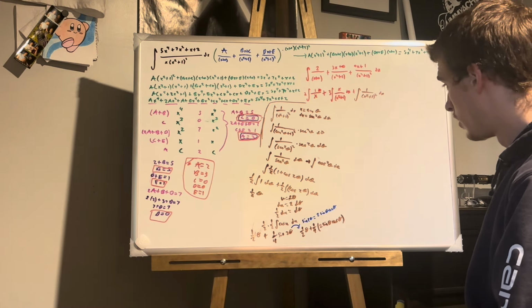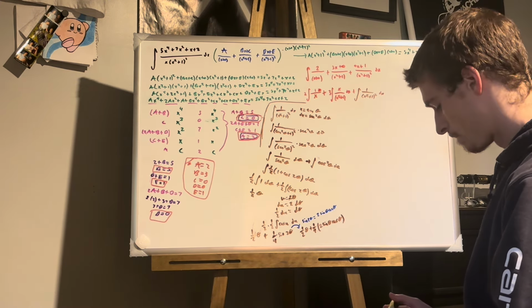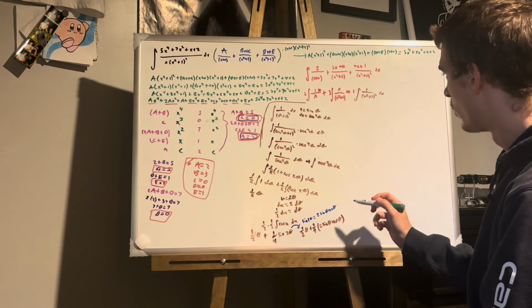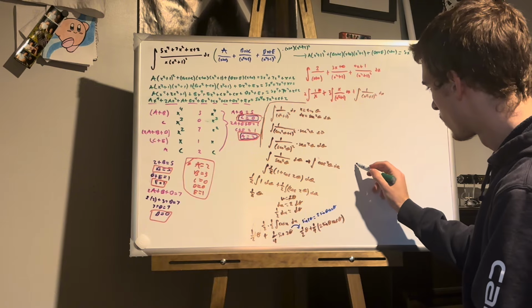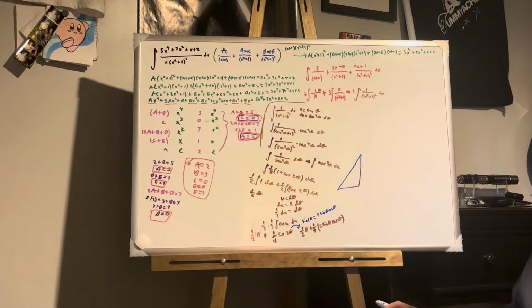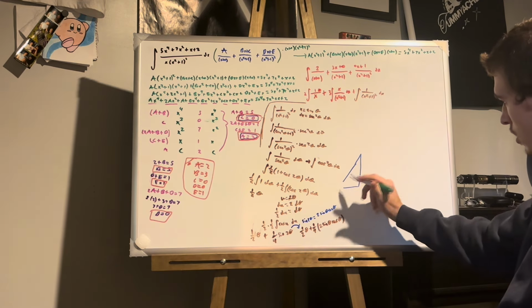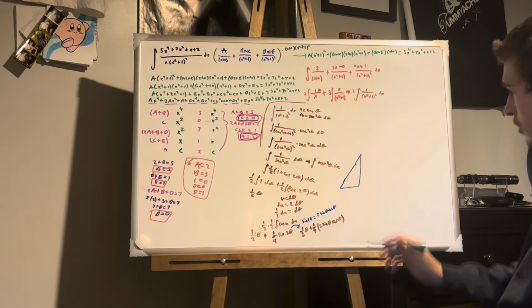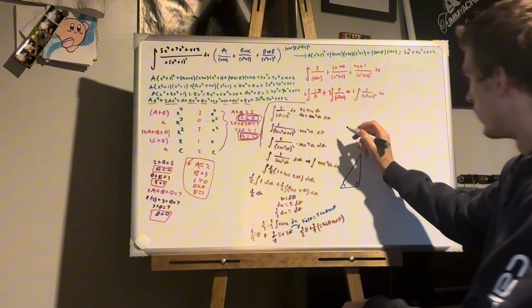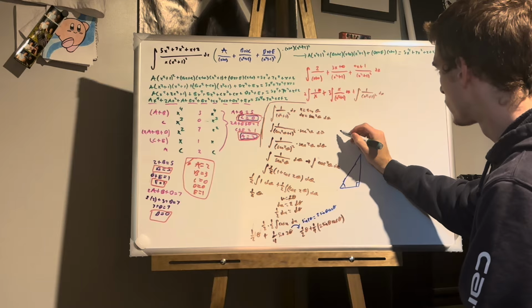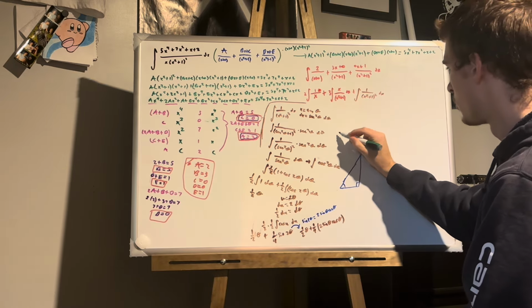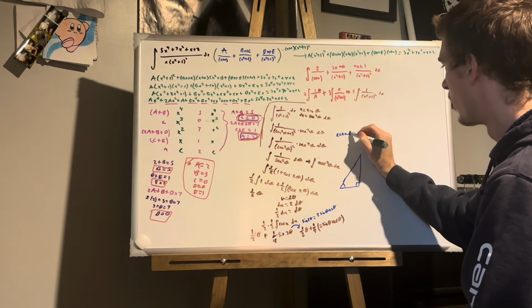So, now that we have that, we get to draw a triangle. I like to draw the triangle for these problems to understand what's going on. If we have a 90-degree angle, we had x equals tangent when we started with, right?